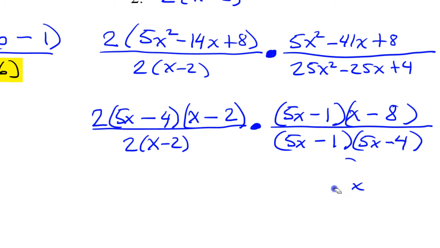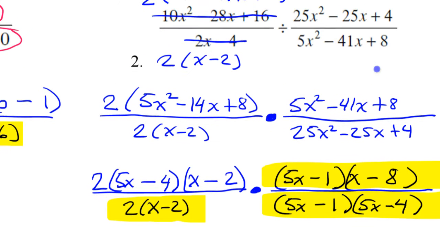Okay, now before I go canceling things out, now would be a good time to talk about the excluded values, the restrictions. The excluded values are going to come from 3 places. They're going to come from both of these denominators and the second numerator, because this numerator used to be a denominator before I did the reciprocal.